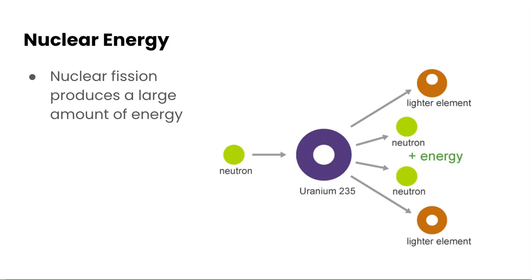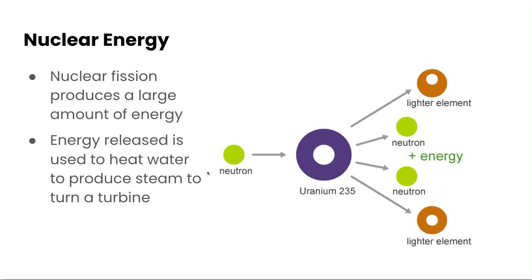Fission means to break it down, and by doing that it releases a lot of energy. The energy released is used to heat water, similar to the coal power plant that we just took a look at, and that produces steam to then turn a turbine. So it's really just the process of getting that energy with nuclear energy that's a bit different.